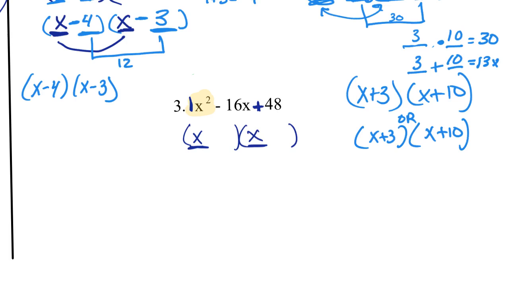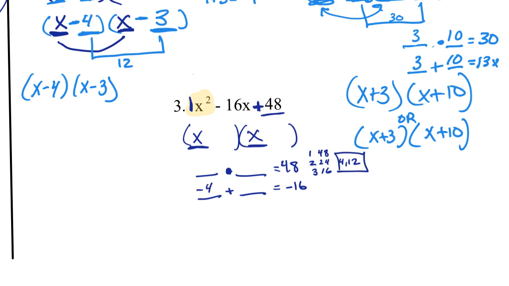Well, I have some clues here. 2 numbers that multiply to positive 48 and add to negative 16. If we think about 48, 1 and 48, 2 and 24, 3 and 16, 4 and 12. Well, there it is.